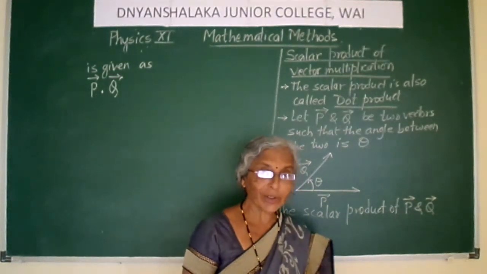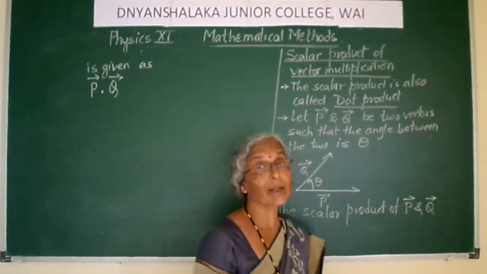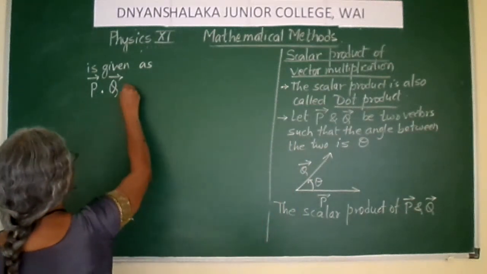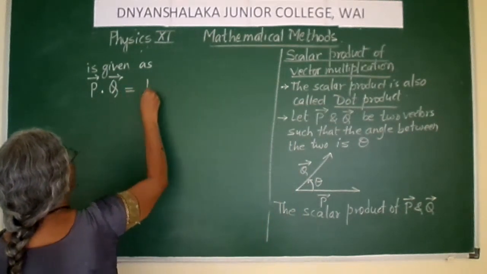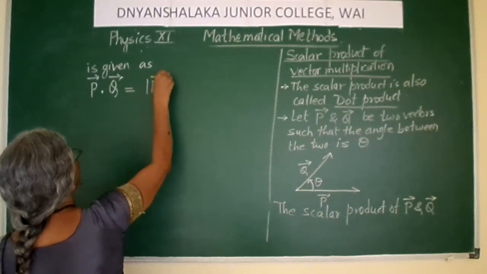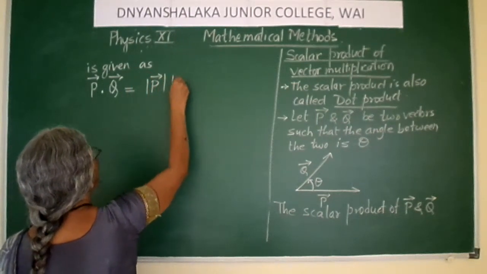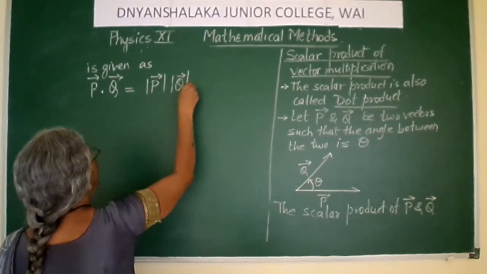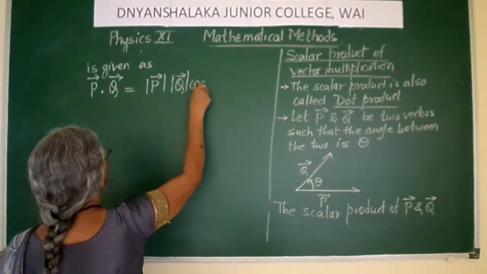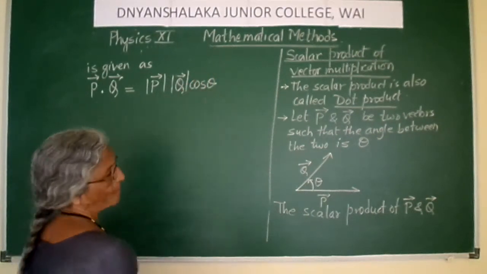And what is going to be the magnitude of the scalar product? It will be equal to magnitude of vector P into magnitude of vector Q into cosine of the angle theta.